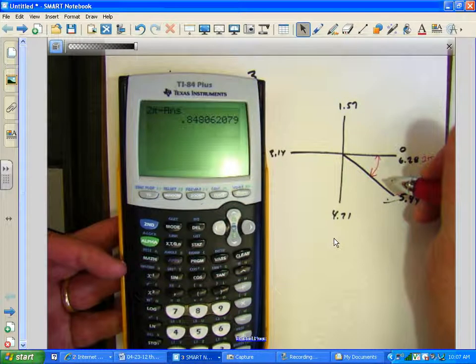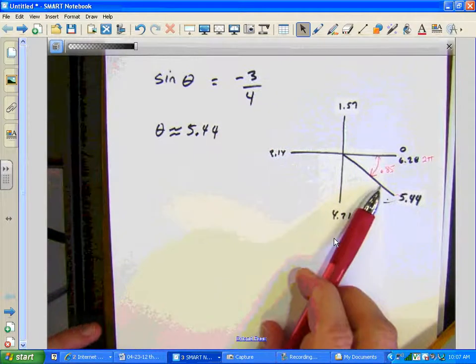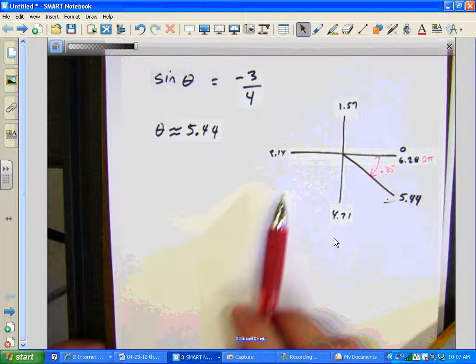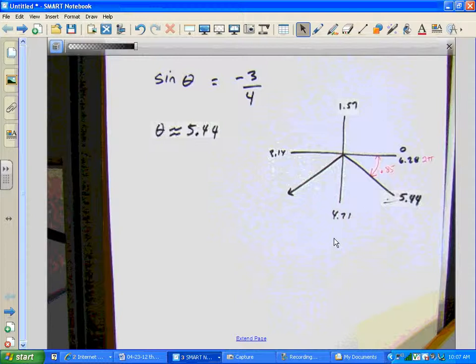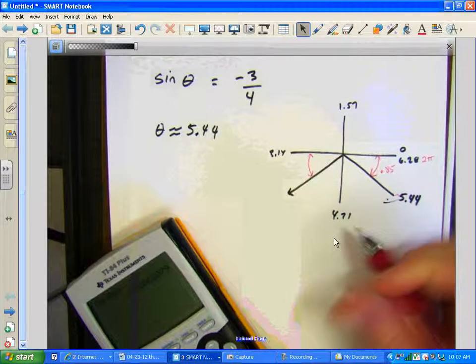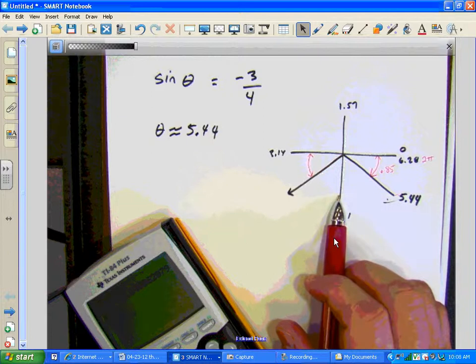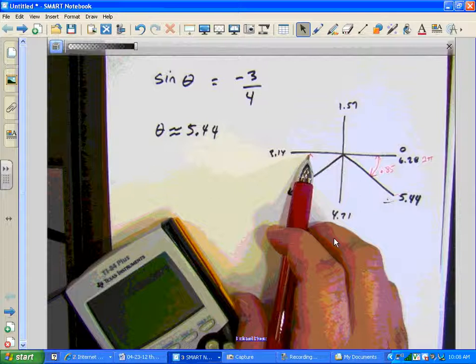All right, so here's my other answer. So how could I get 1.4 and 0.85 more?